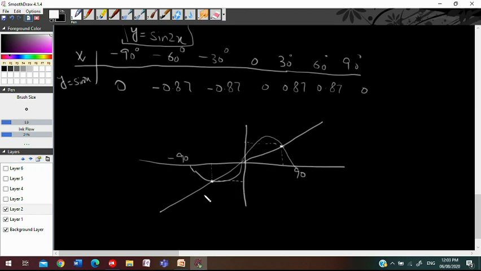This is minus 54 degrees, and this is positive 54 degrees. And the third solution is over here at the center point. They are also intersecting each other, and this is the solution of this part.